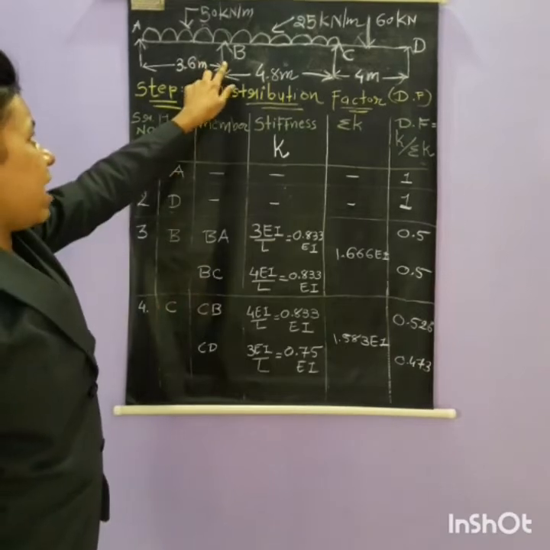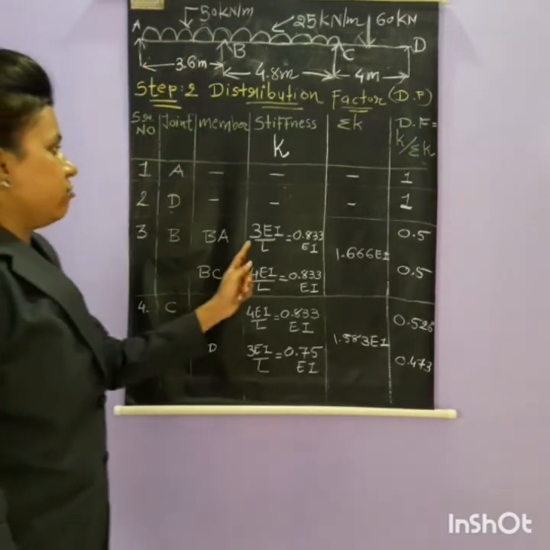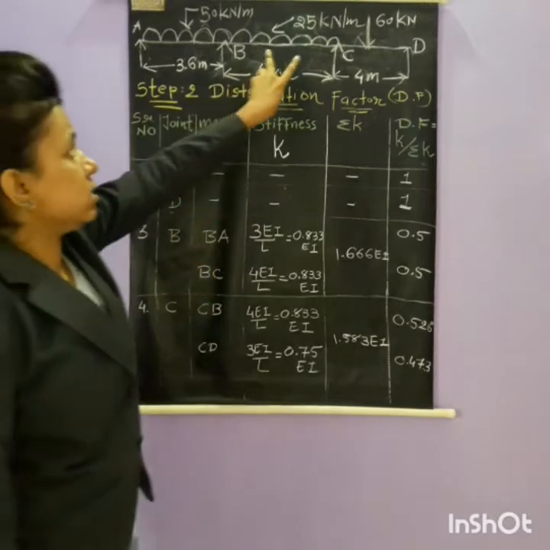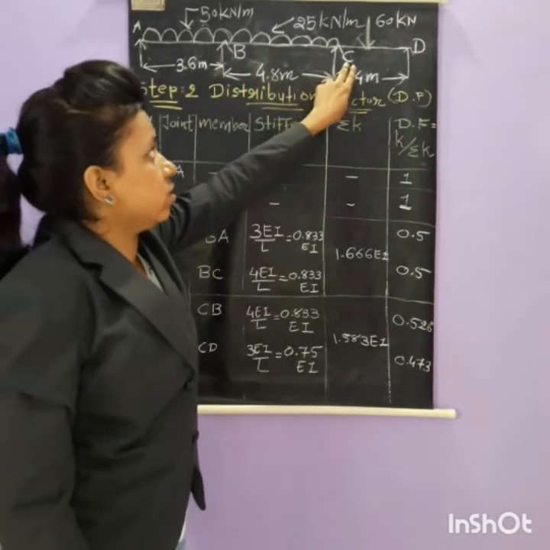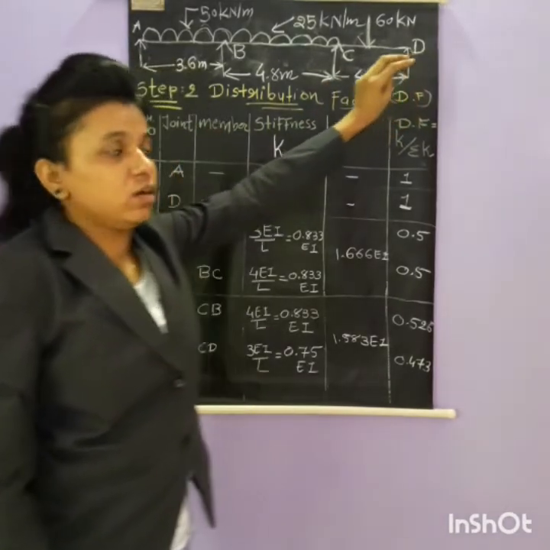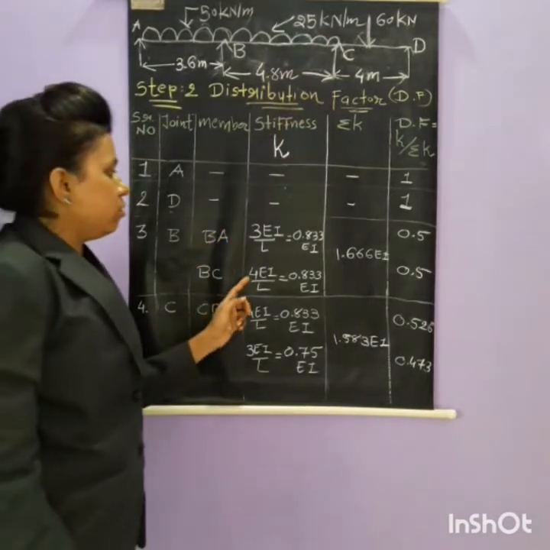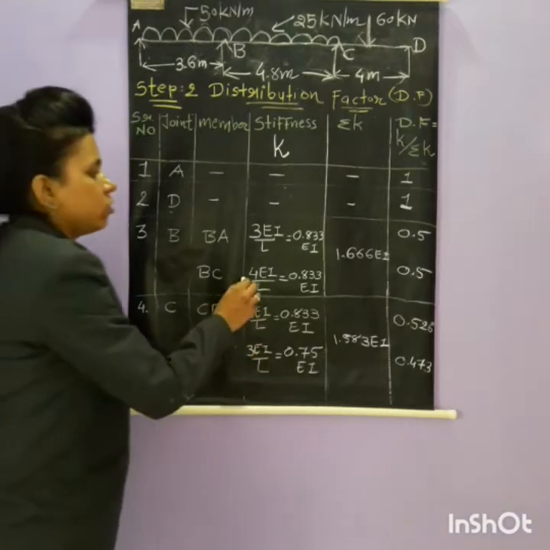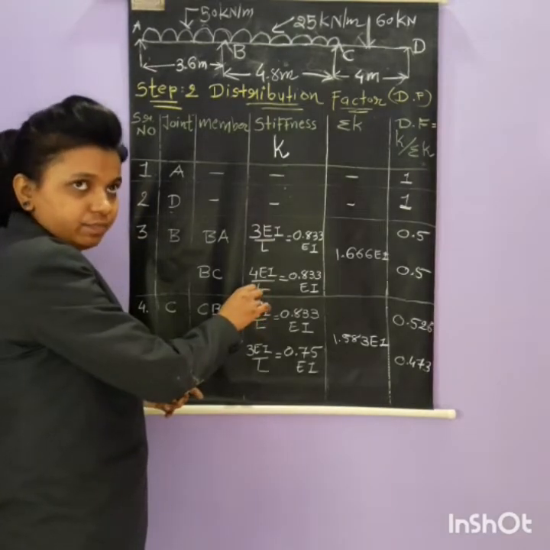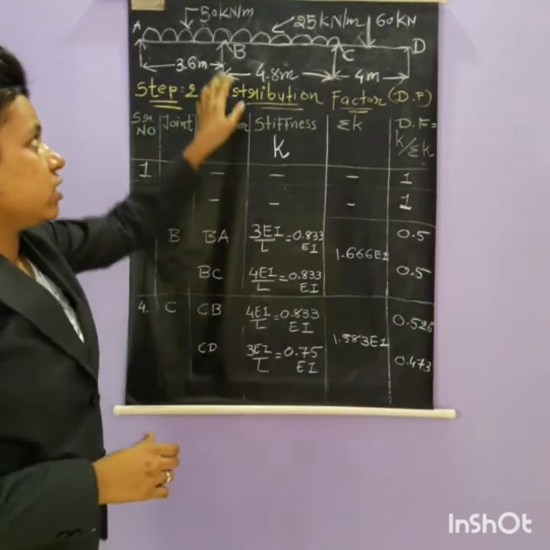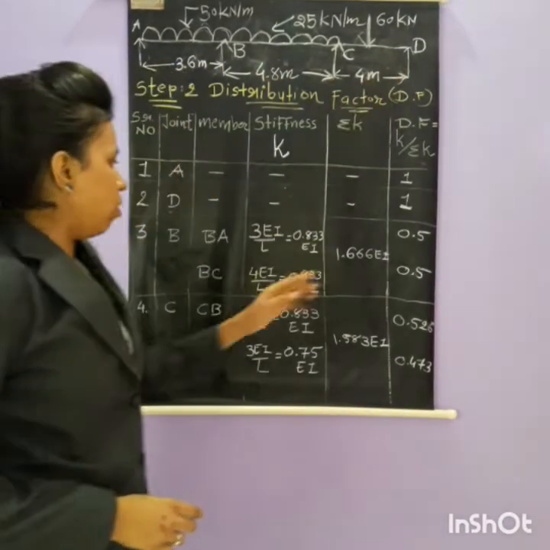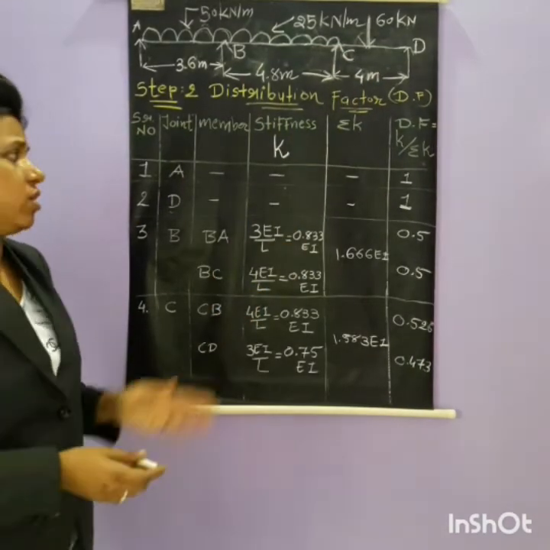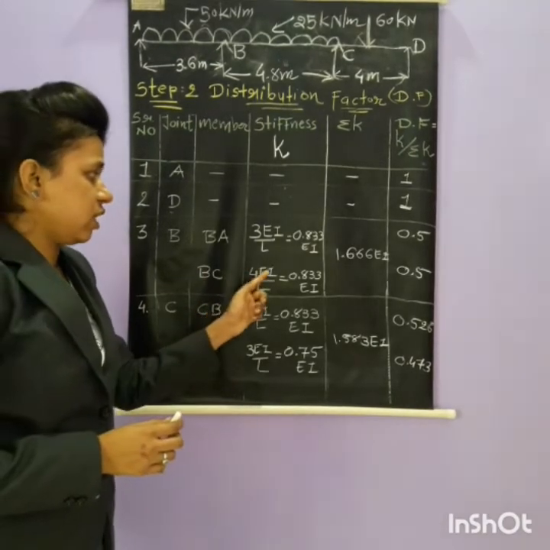If the far end is simply supported, then the stiffness will be 3EI divided by L. In case of BC span, it is an intermediate span, with the two supports C and D, so the stiffness will be 4EI divided by L. In case of a fixed support, also 4EI divided by L is taken.